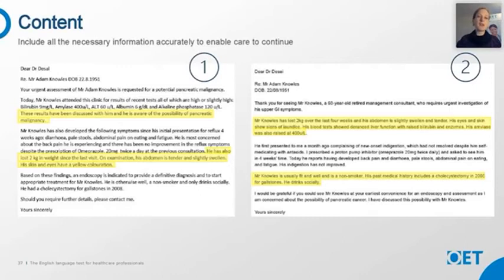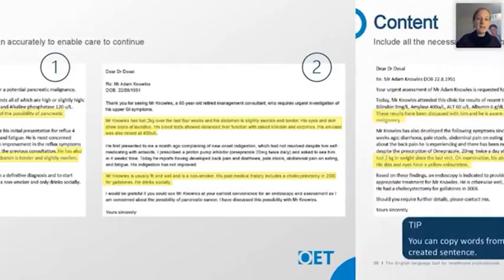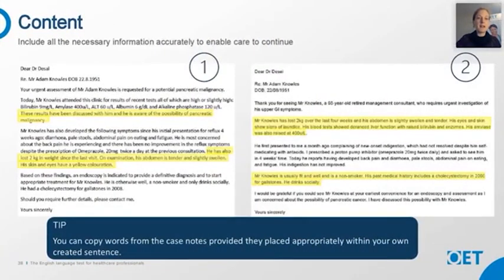You might be concerned about using the exact words provided in the case notes. It might feel a little bit like cheating, but ask yourself this: at work, would you think twice about changing some words on a form into different words for a colleague? Of course not. So it's completely acceptable to lift facts from the case notes, provided they are placed appropriately within your own created sentence.